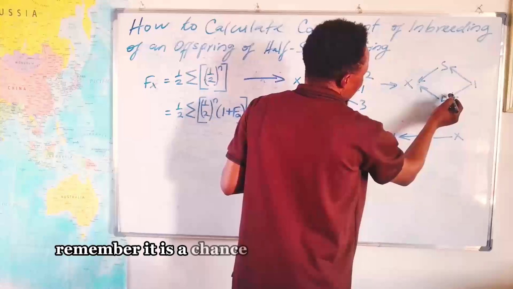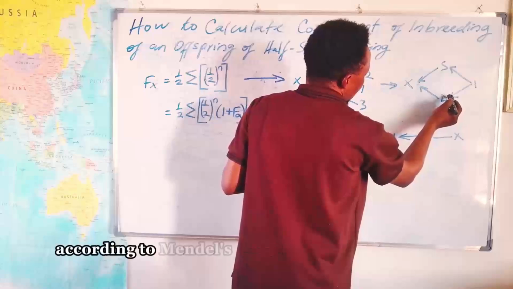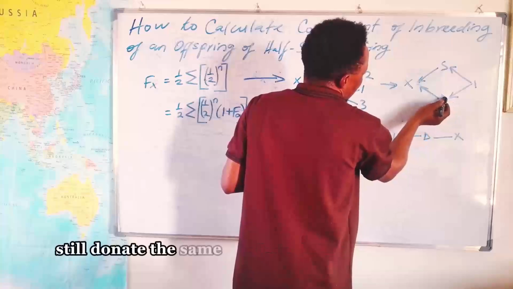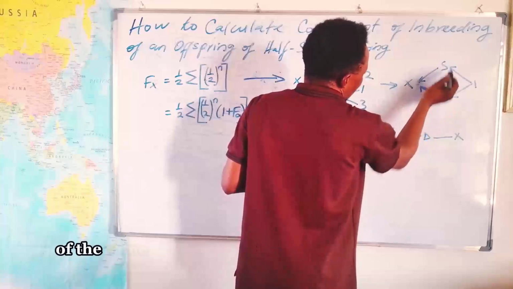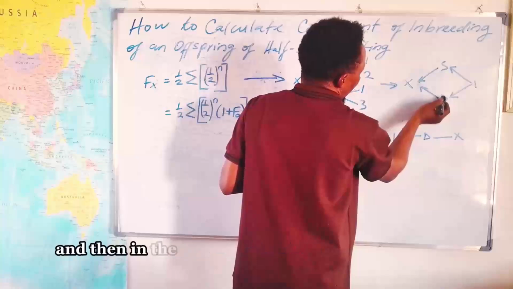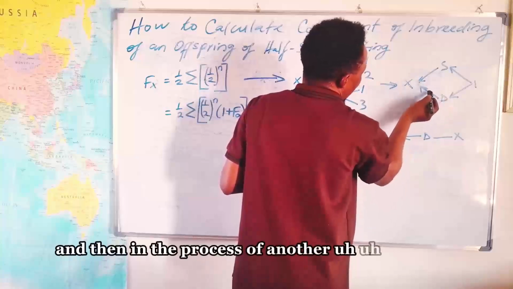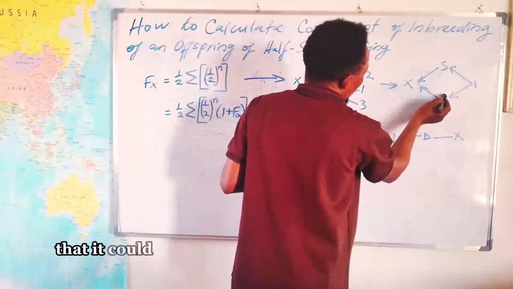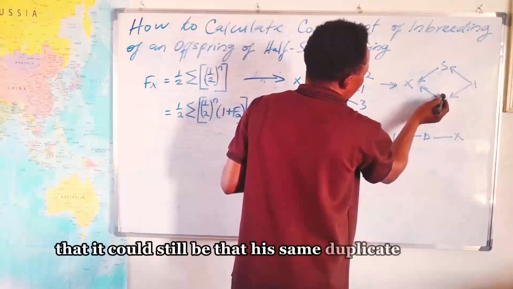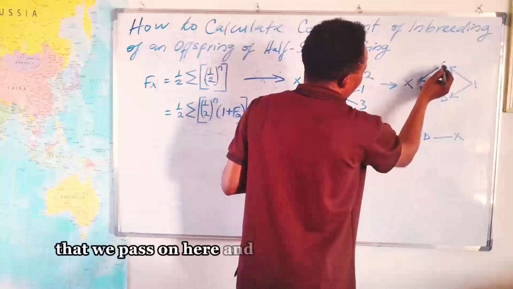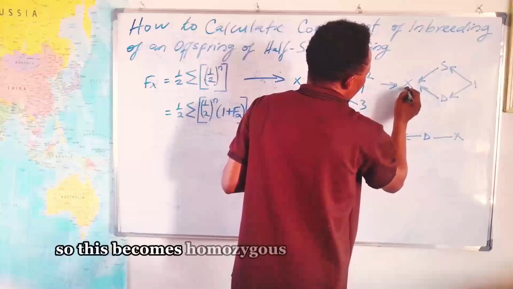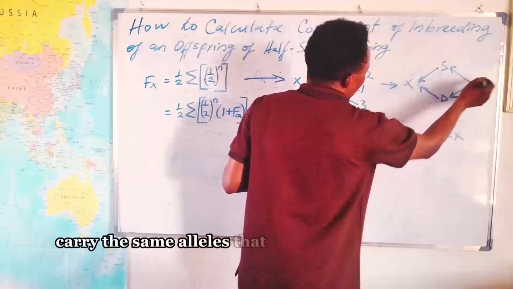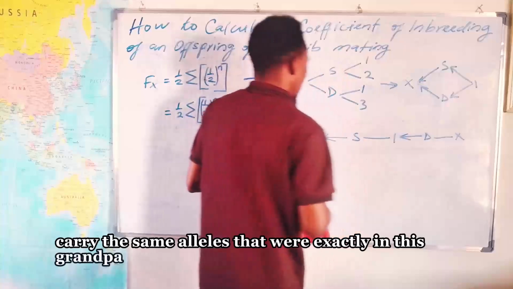Remember, it is chance, independent assortment according to Mendel, and by random chance, grandpa 1 could still donate the same copy of the allele here, and in another fertilization here, chance could play out again so that the same duplicate allele is passed on here and passed on here. So he becomes homozygous, carrying the same alleles that were exactly in grandpa 1.